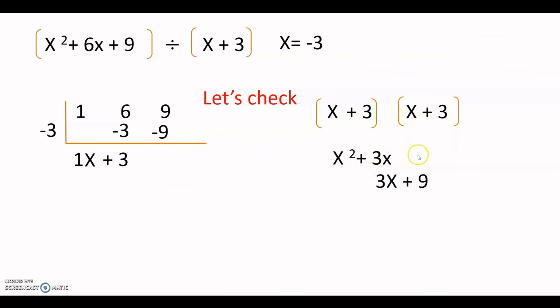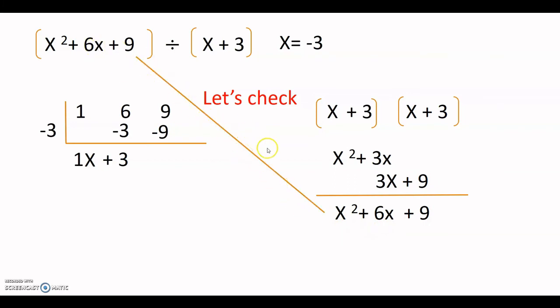Then 3 times x is equal to 3x and 3 times 3 is equal to 9. Then we add, bring down x squared, and then add like terms. We have 3 plus 3 is 6 and our 9, bring it down. So our answer is correct. So the answer for x squared plus 6x plus 9 divided by x plus 3 is x plus 3.